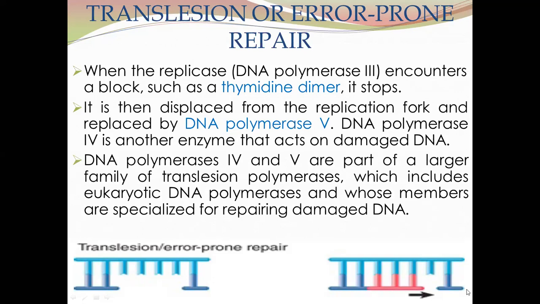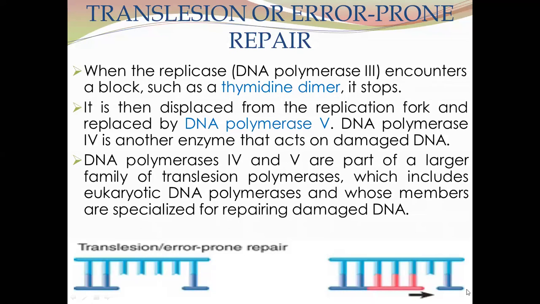DNA polymerase IV and DNA polymerase V are part of a larger family of translesion polymerases. So DNA polymerases IV and V are commonly known as translesion polymerases. This family of polymerases includes eukaryotic DNA polymerases, and its members are specialized for repairing damaged DNA.